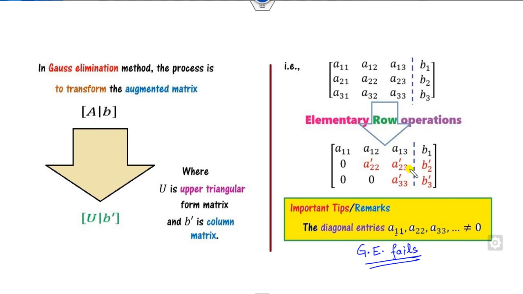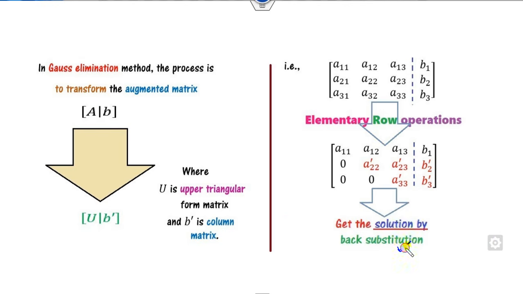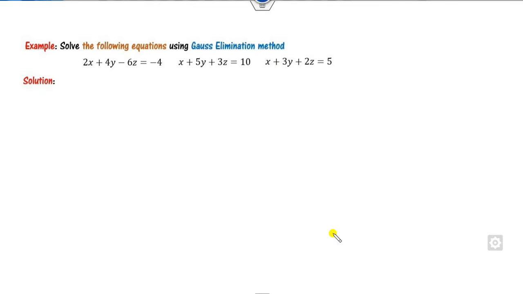Once you have converted to the upper triangular form, by using back substitution we can get the solution. That is very simple. This is my step 1: write the augmented matrix, convert it into upper triangular form, and then find the solution by back substitution.